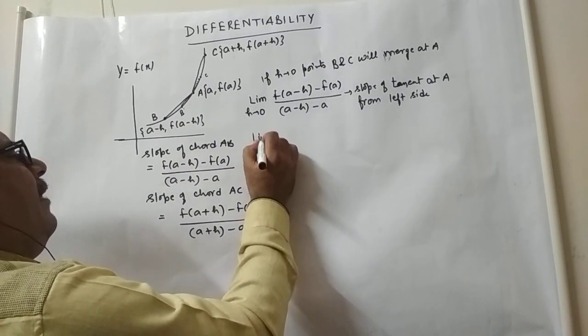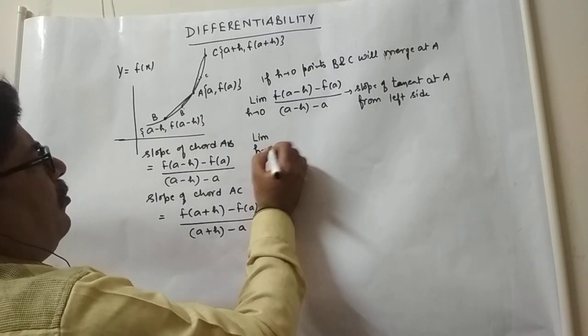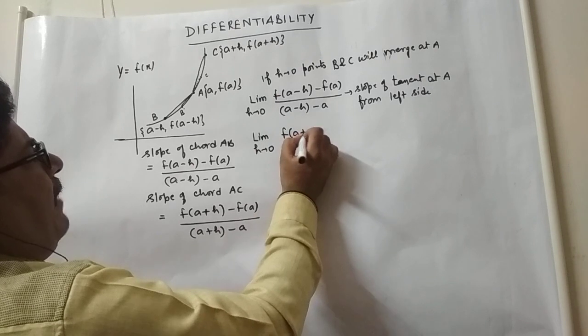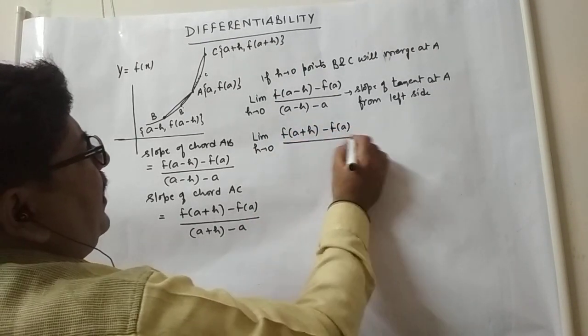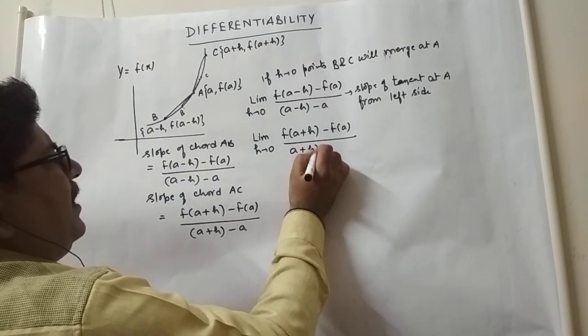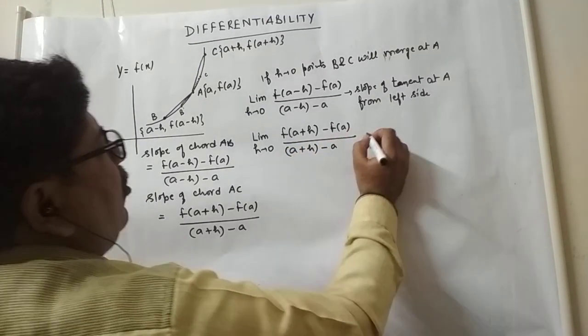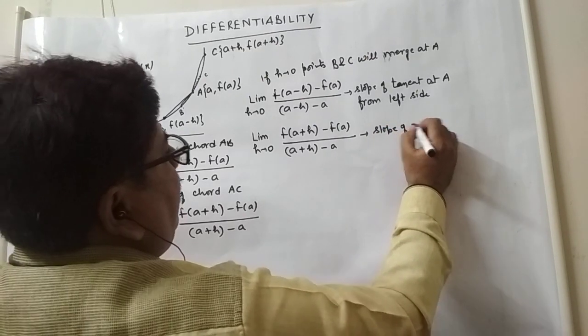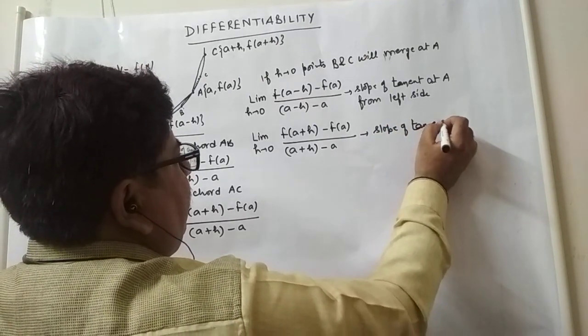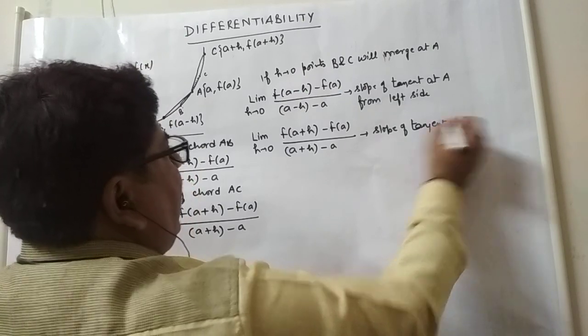Similarly, if we apply limit h tending to 0 on f(a plus h) minus f(a) divided by (a plus h) minus a, this is slope of tangent at a from right side.